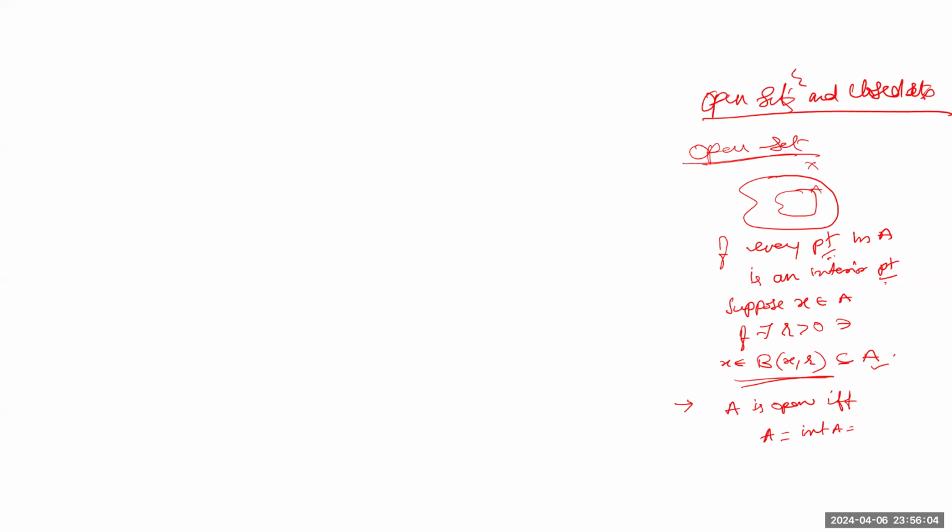That is the set of all interior points of A, right? That is our notation, interior of A, and we also represent it with a circle like this. So A is open if and only if A equals the interior of A.